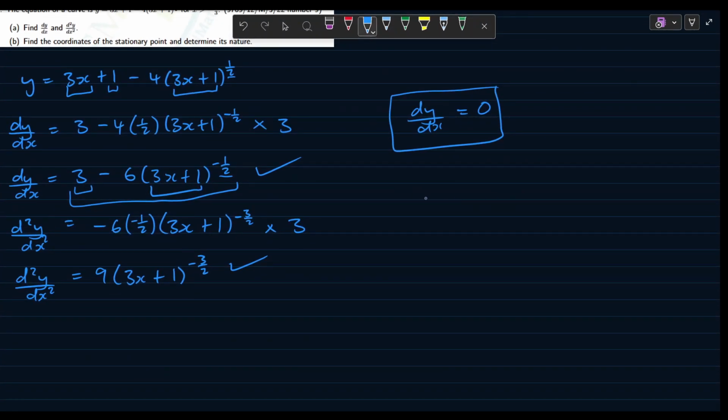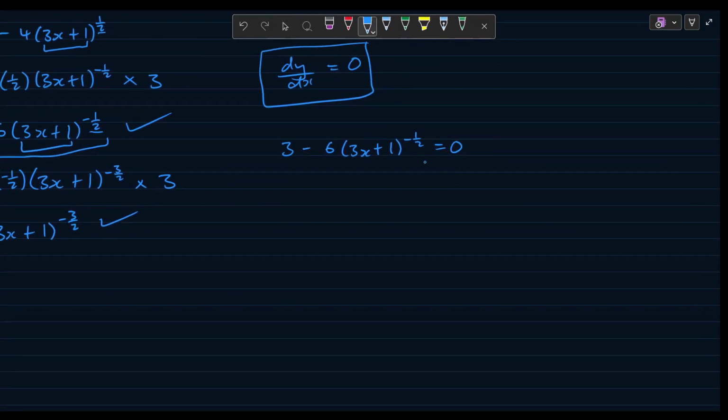So that's 3 minus 6 times (3x plus 1) to the negative half, and this is equal to 0. And to solve this, I'm just going to rewrite our (3x plus 1) to the negative half with a positive power, so that is easier to solve. So that's 3 minus 6 over (3x plus 1) to the power 1 over 2, and this is equal to 0.